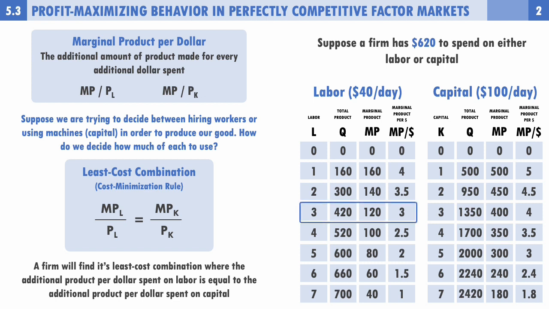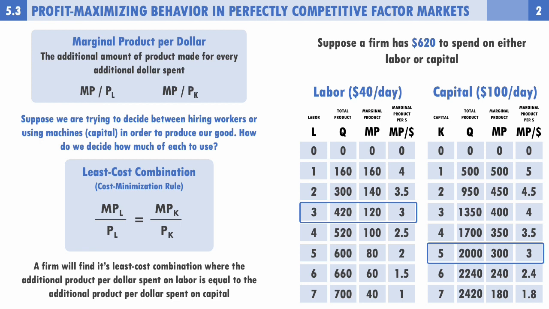And so what we would see is at hiring 3 workers and 5 units of capital, each of them has a marginal product per dollar of 3. And also, if we're hiring 5 machines at $100 apiece, that's $500, plus 3 workers at $40 apiece, that's $120. 500 plus 120 is our $620.